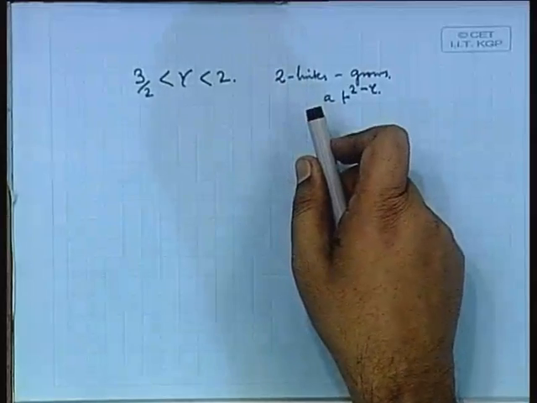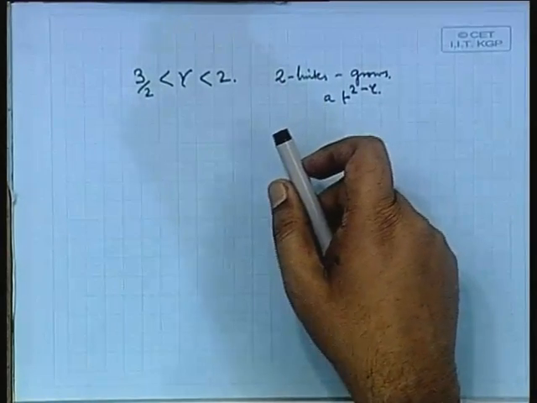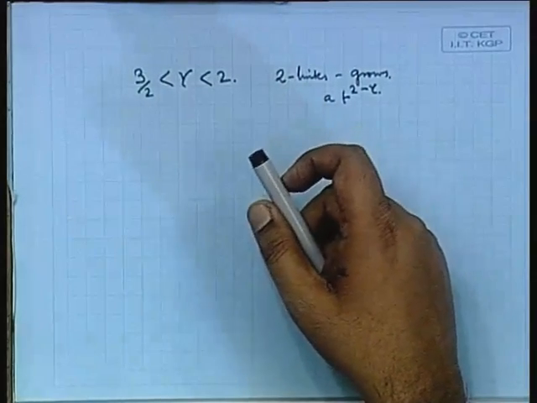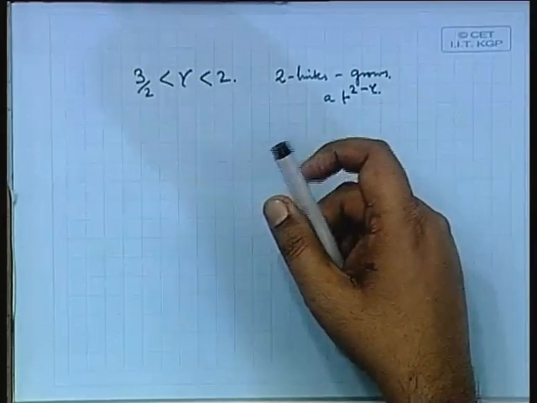Here the number of nodes having 2 or fewer links is growing, while more than 2 links is finite.